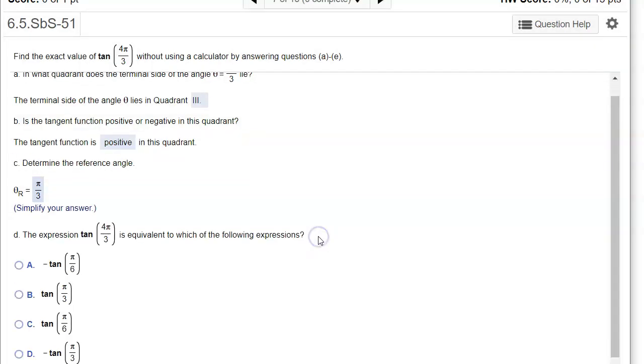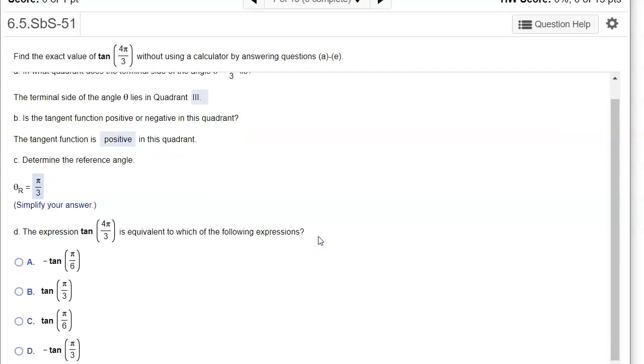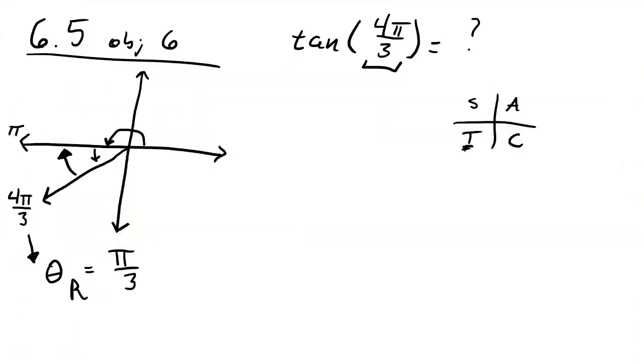Well done. So now, the expression is equivalent to which of the following expressions? So, what do we do here? Well, if tangent of 4 pi over 3 has a reference angle of pi over 3, let's ask ourselves this question.